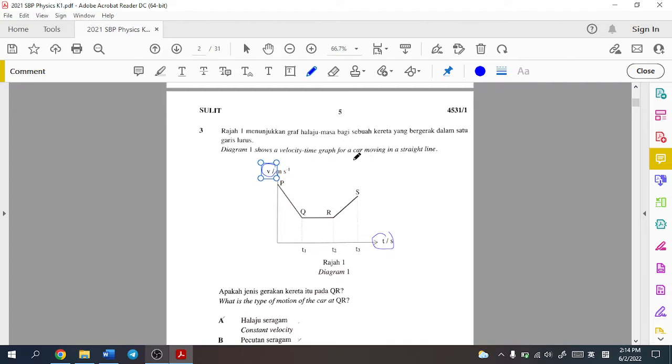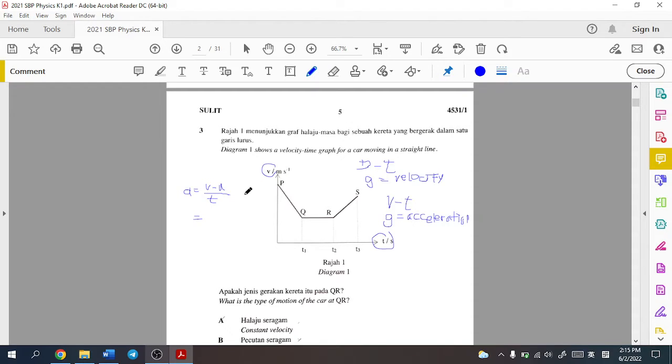So remember, if it is a displacement time graph, the gradient will be velocity, while if it is a velocity time graph, the gradient will be acceleration. Remember our acceleration a equals final velocity minus initial velocity divided by time.